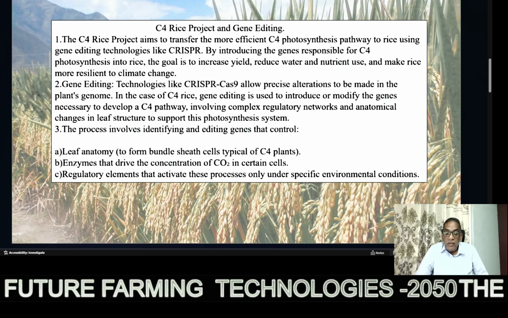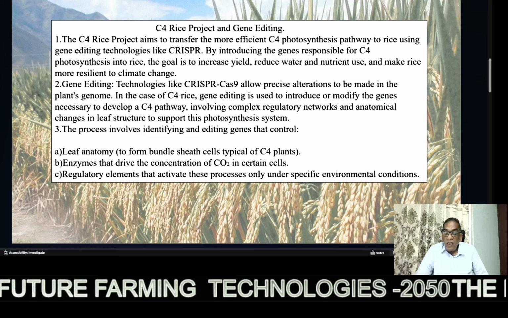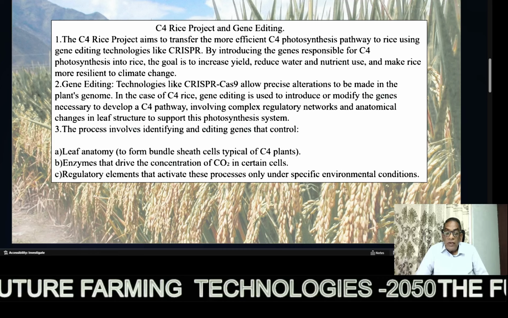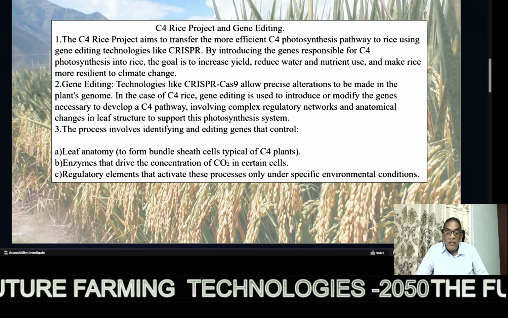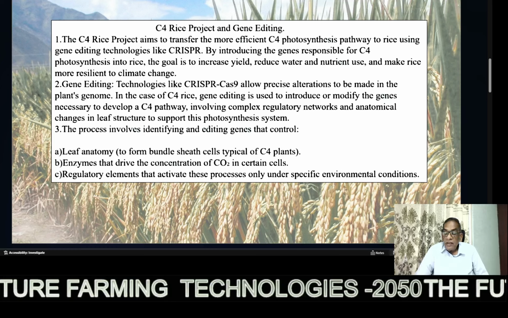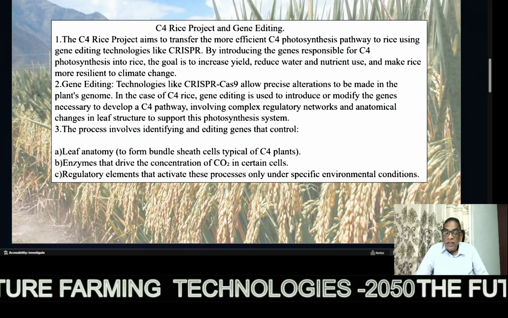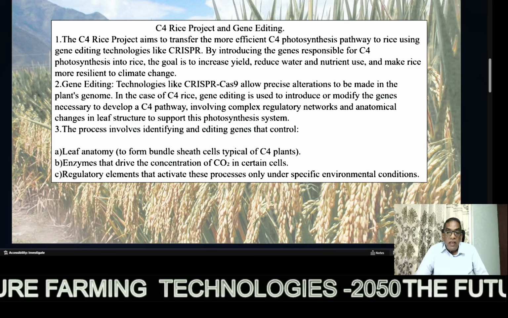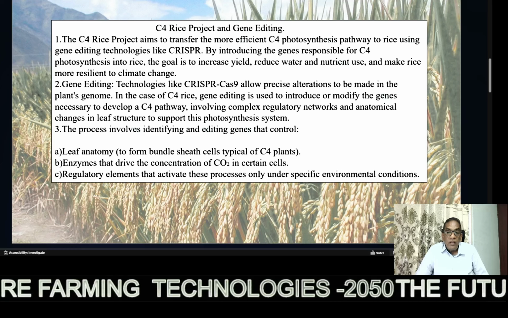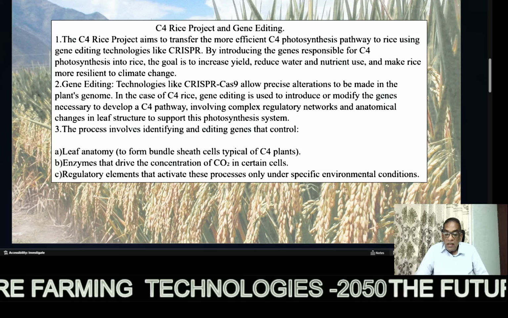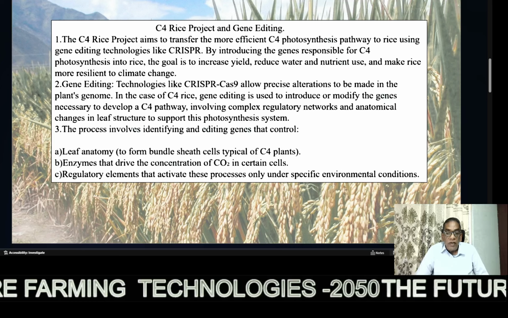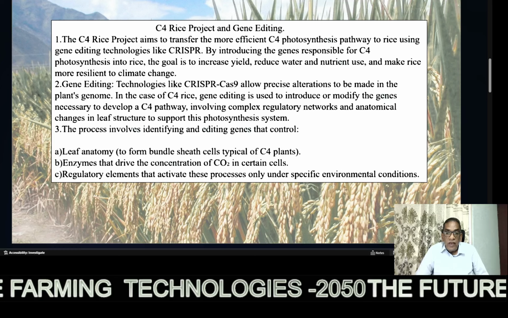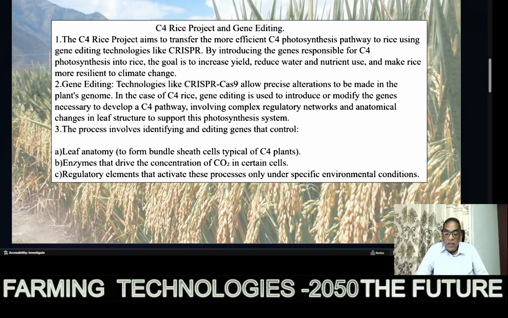By introducing the genes responsible for C4 photosynthesis into rice, the goal is to increase yield, reduce water and nutrient use, and make rice more resilient to climate change. You know that climate is changing tremendously because of our activities, so we should find resilience to climate change also.